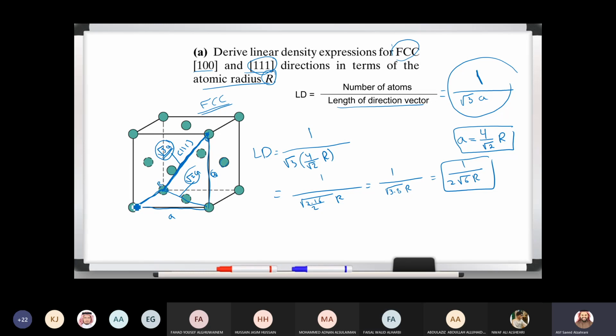Because we have here 1R. Now the story will be different if it's something like this, okay? Like we have seen before.